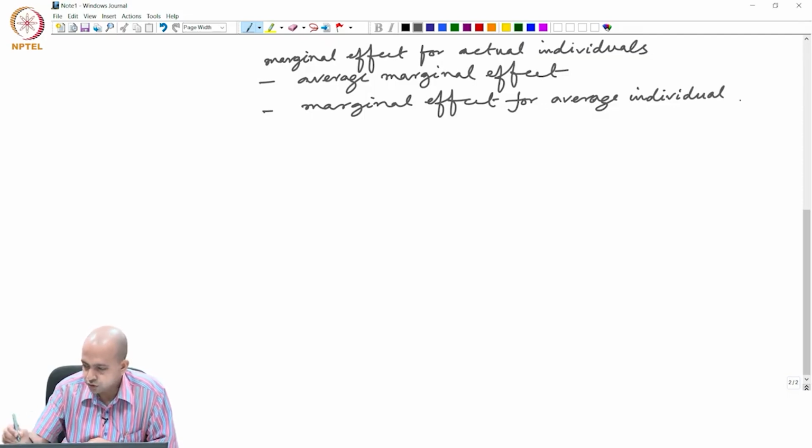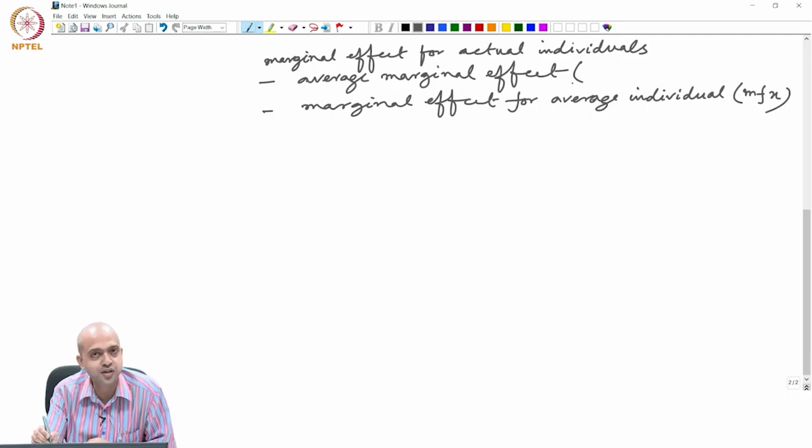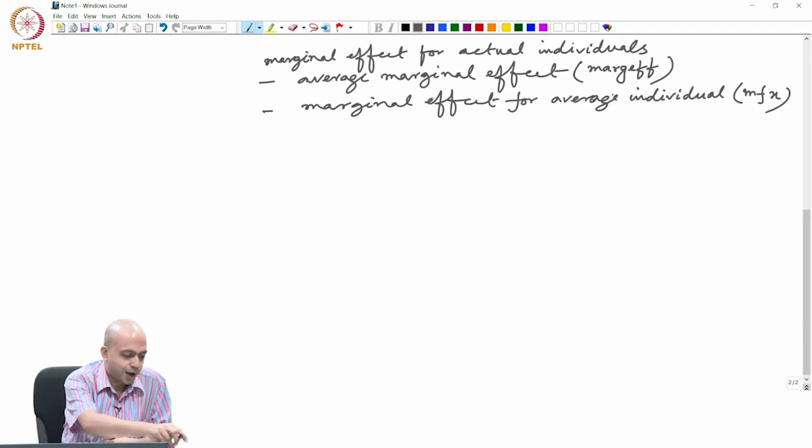Okay. So, this we have already calculated by the mfx command. But this average marginal effect calculation requires a separate command which is called margeff, M-A-R-G-E-F-F.